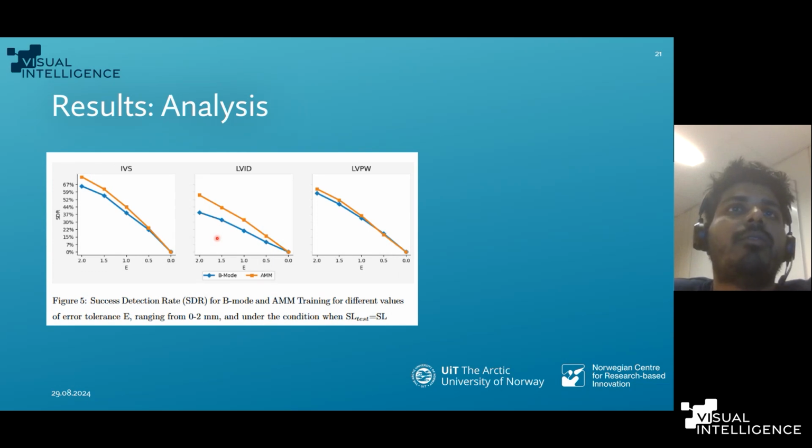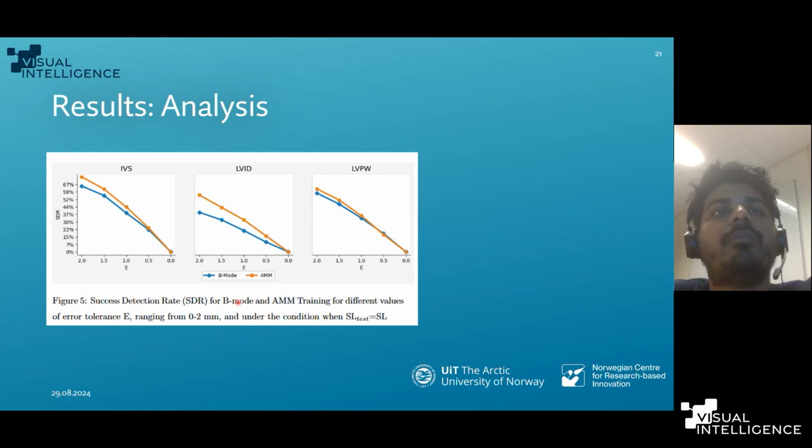Similarly, I also computed success detection rate for different levels of threshold. In success detection rate, basically we decide different levels of threshold, and if the network makes an error less than that particular threshold, we call it a success case, and otherwise a failure.